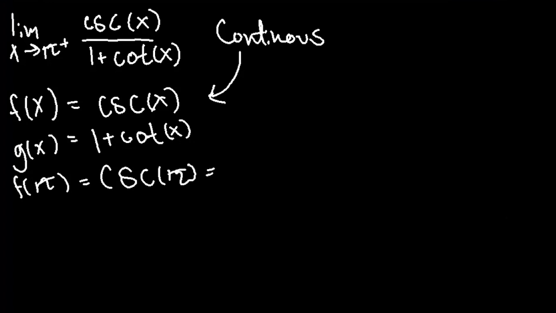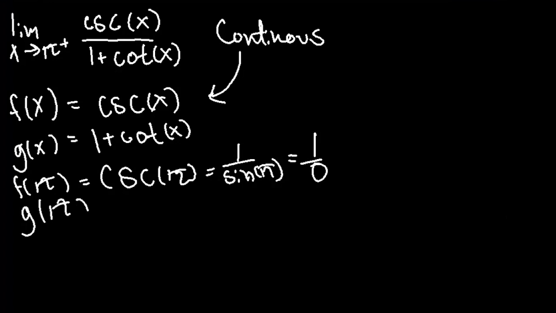This can be written as 1 over sine of pi, and we know that at pi, cosine is -1 and sine is 0. So we would get 1 over 0, which is undefined. Therefore we can't just plug in, so make sure you establish that on your FRQ.